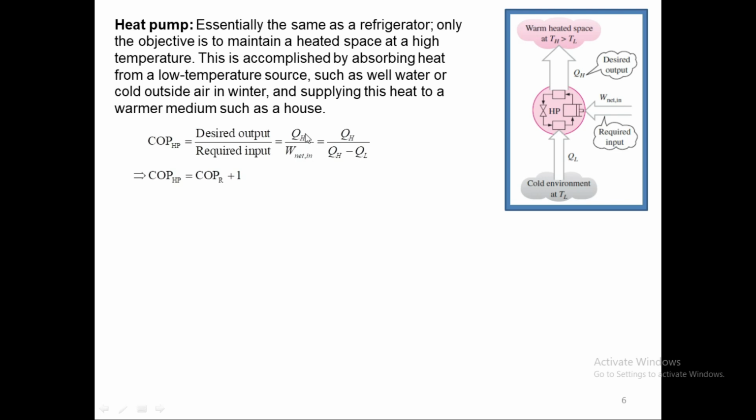Now we want to transfer heat into the high temperature room, so QH. So COP of heat pump is equal to COPR plus 1, that is, COP of heat pump will always be greater than COP of the refrigerator.